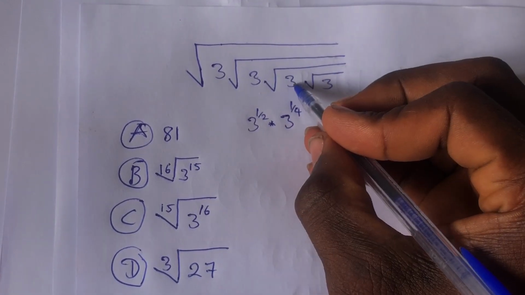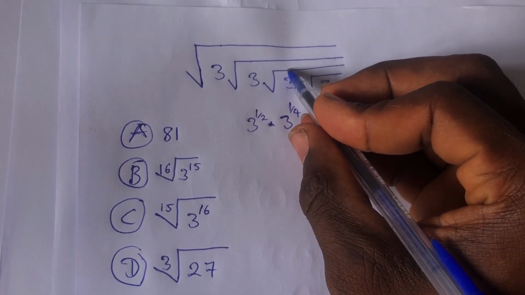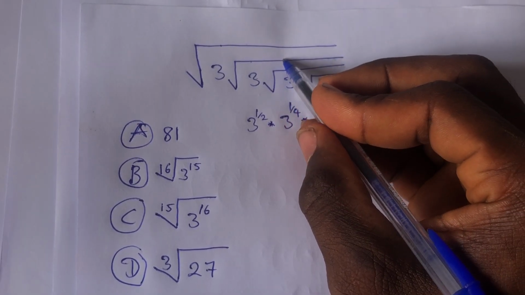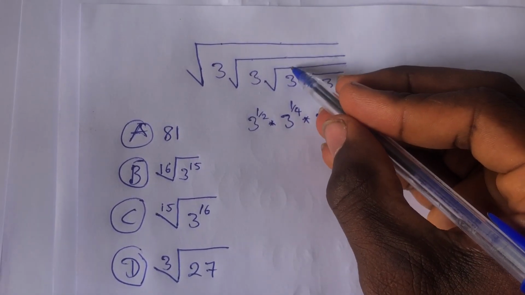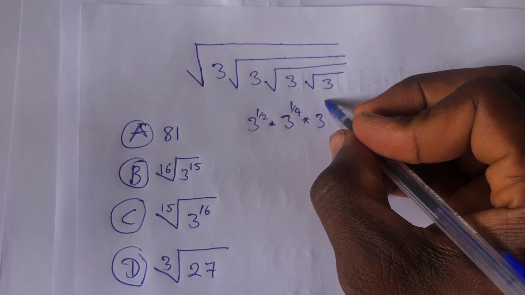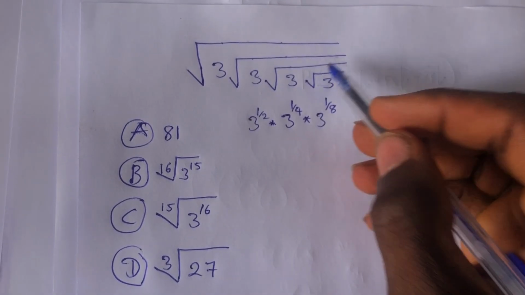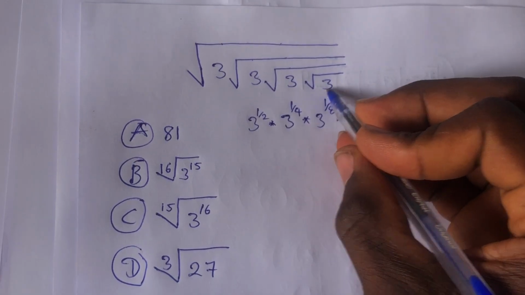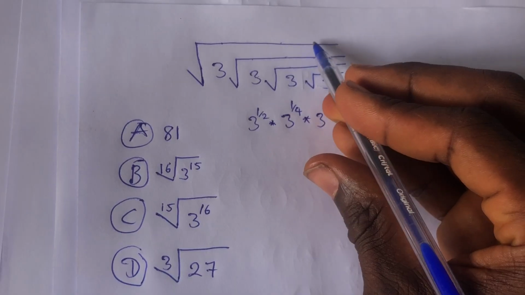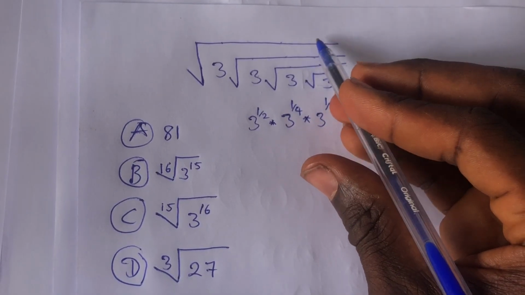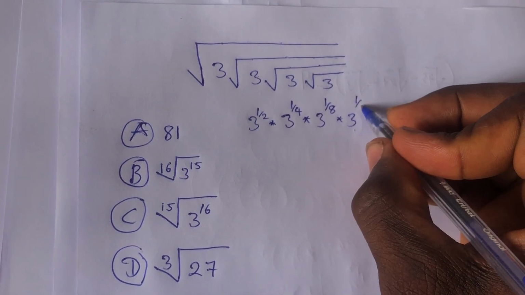Then this multiplied by this 3, raised to power 1 over 2, raised to power another 1 over 2, raised to power another 1 over 2, which implies 2 times 2 times 2, which is 1 over 8. And this multiplied by this 3 raised to power 1 over 2, another 1 over 2, another 1 over 2, another 1 over 2, which is 2 times 2 times 2 times 2, which is equal to 3 raised to power 1 over 16.